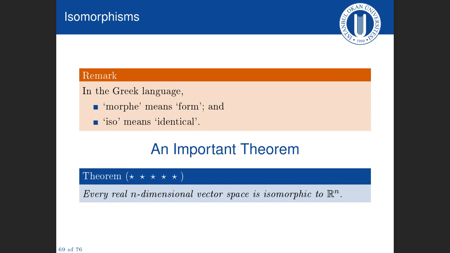So we can think of this as there really only exists one vector space of each finite dimension. But we're just writing them in different ways. P2 is really just a different way of thinking about R3, for example.